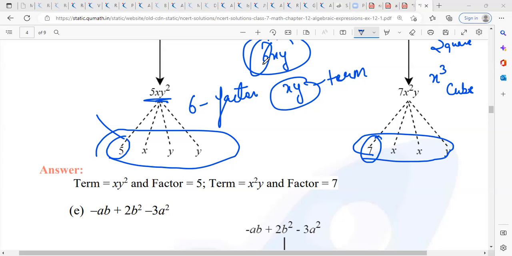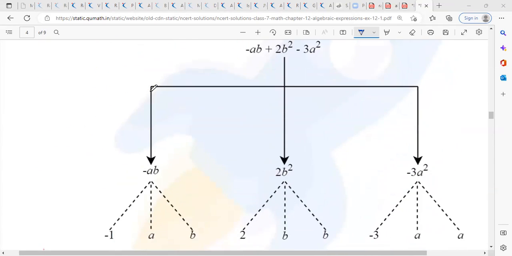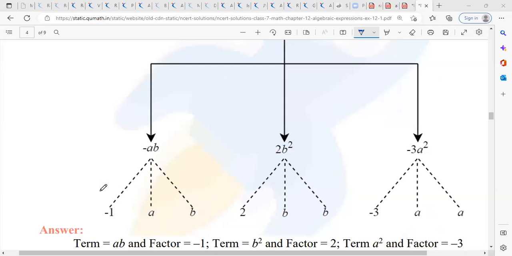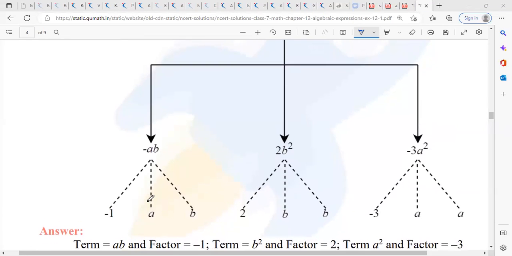Okay. So over here, first you will make a diagram. So -1 is important, right? A and B, 2AB, BB and -3A. So what is your term for this? Ma'am, AB. And what is the factor? -1. And what is the term for this?